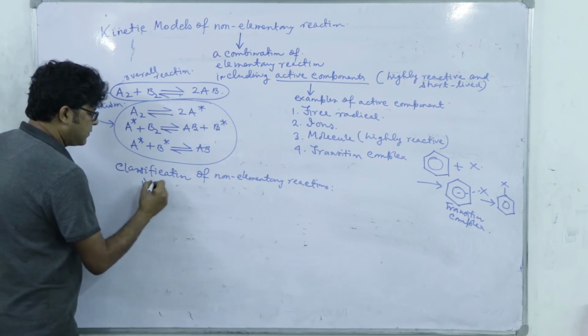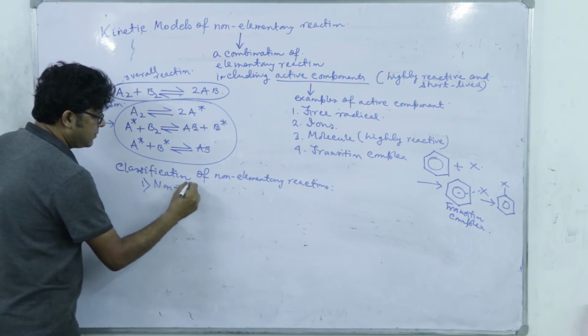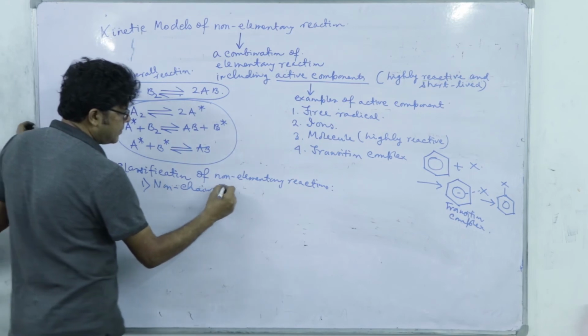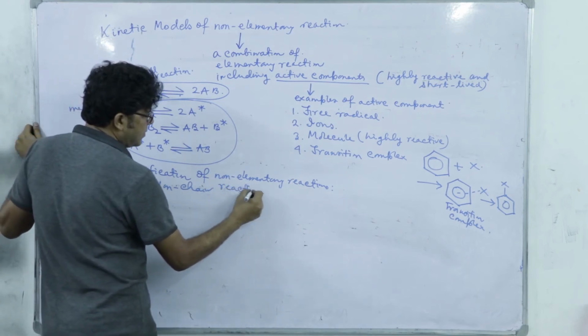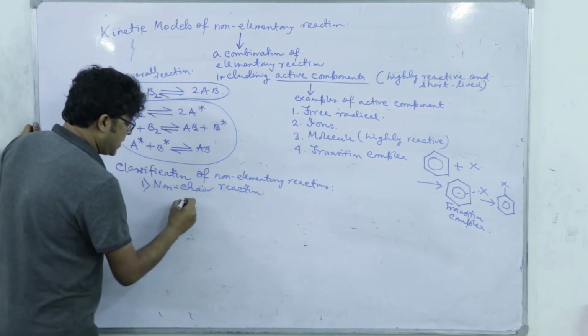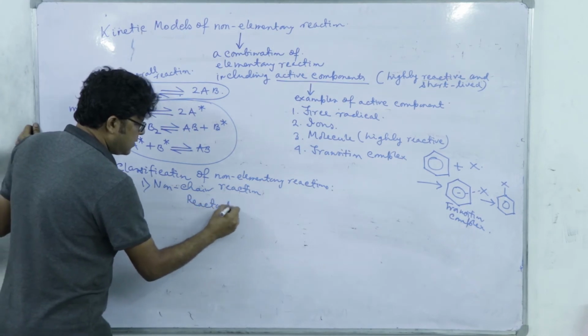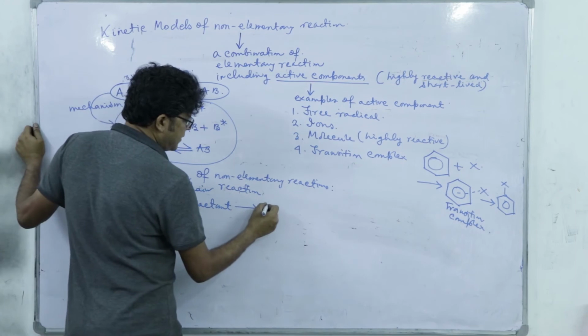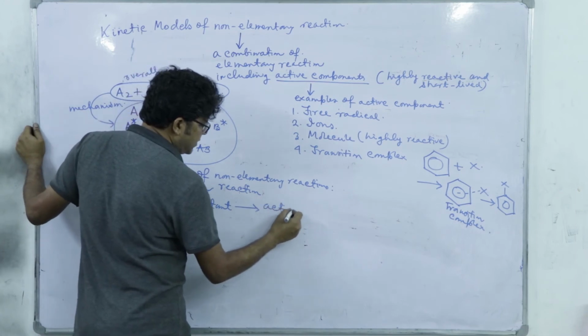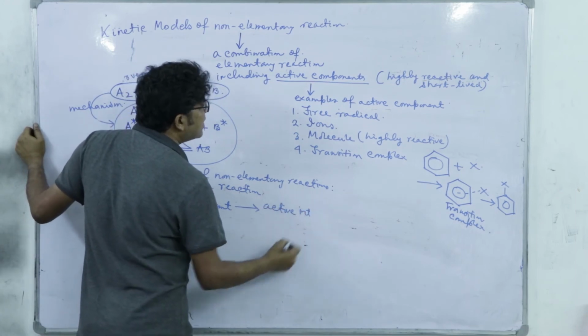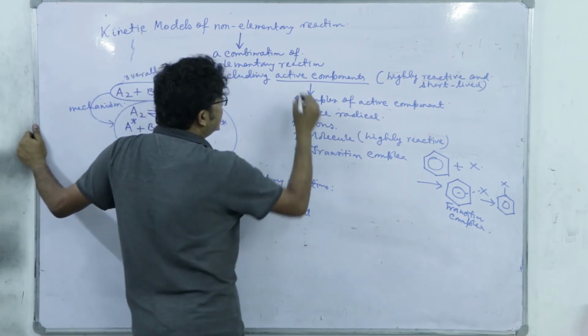First one is called non-chain reaction. So what is the mechanism? Reactant, active intermediate, active component or active intermediate also.